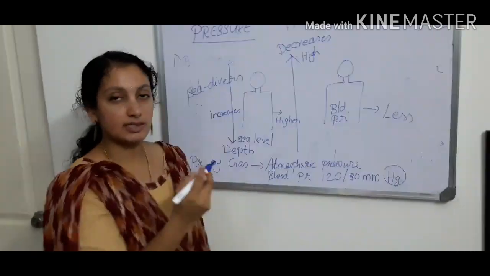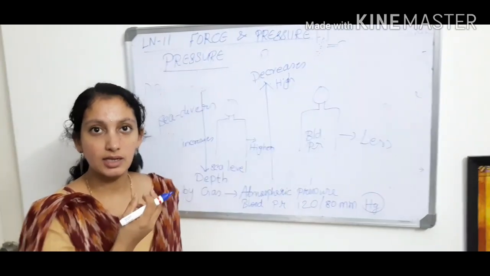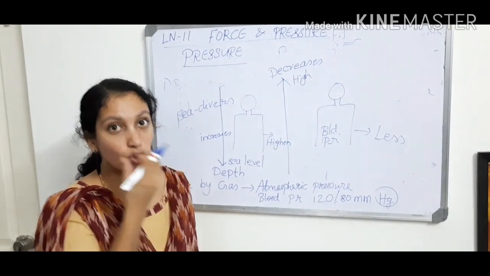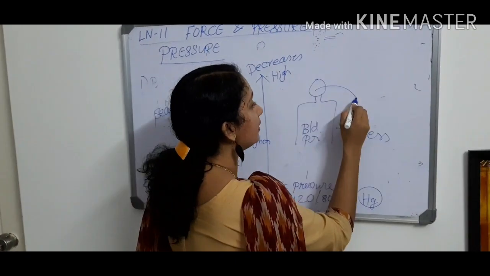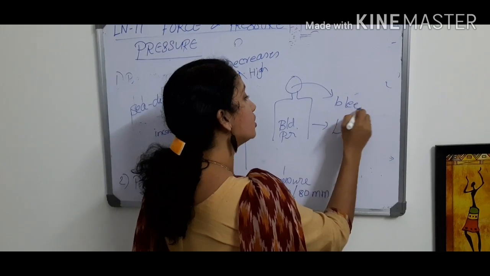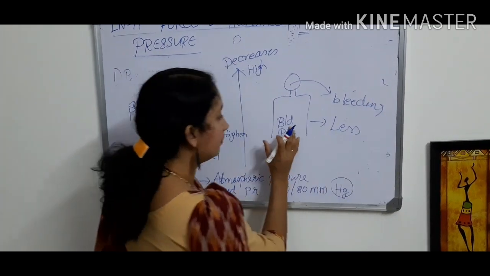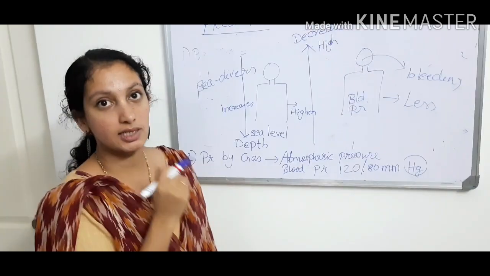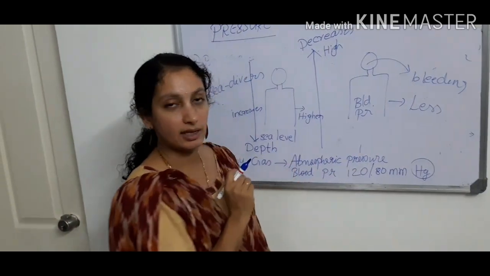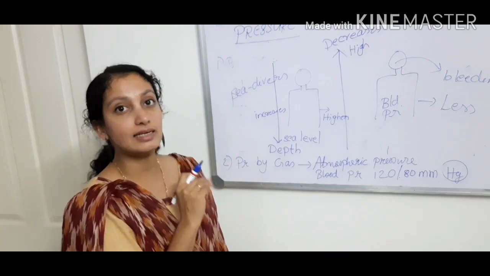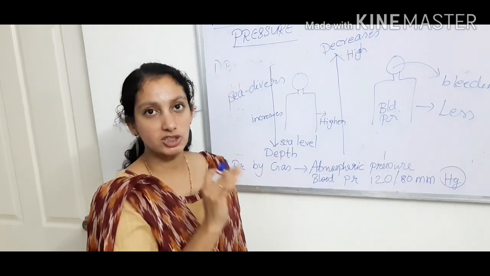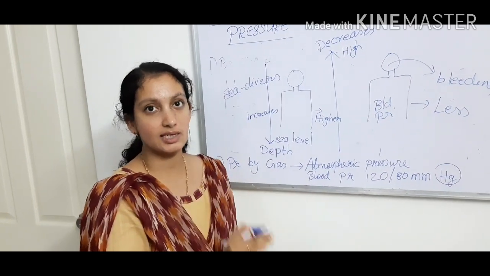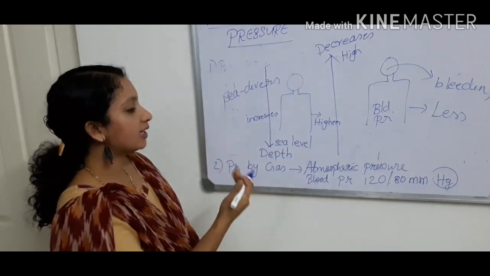So that is the reason for some persons will be getting nose bleeding, because blood pressure inside it is more than the outside pressure. That is the reason for nose bleeding. So we have to take the required precautionary measures to avoid these circumstances. So this is about atmospheric pressure.